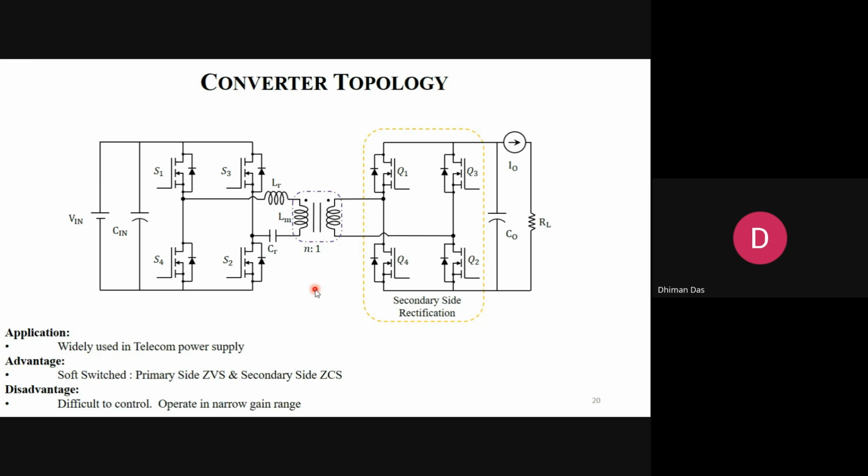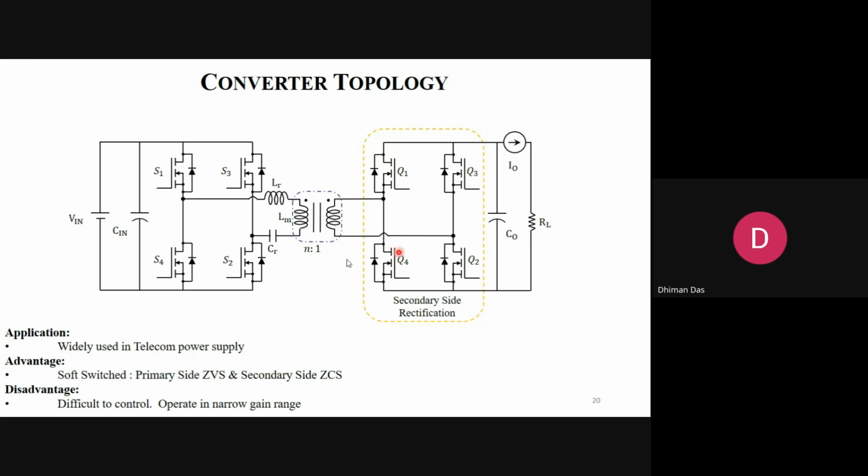But the problem is, if you see the gain curve of this LC network, it is very much load dependent. If you reflect the load to the primary side, you can see this load is acting as the quality factor of your tank. So this is very difficult to control.